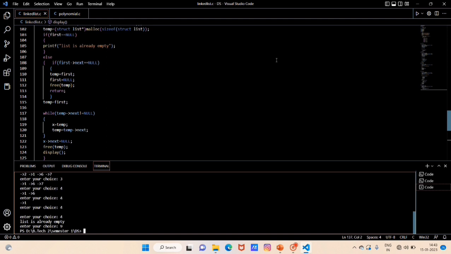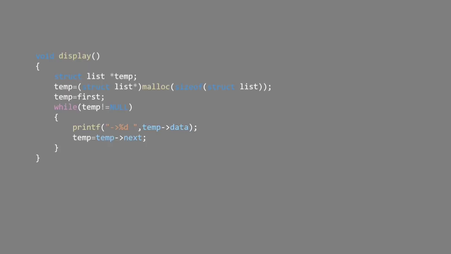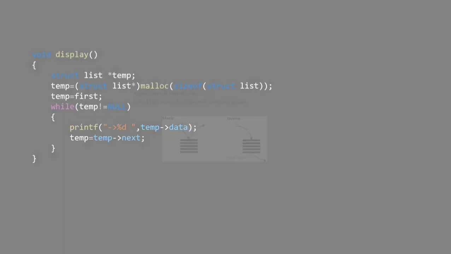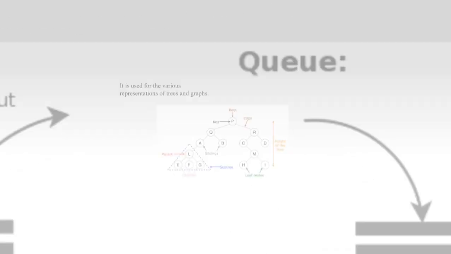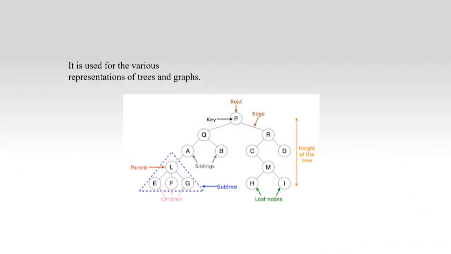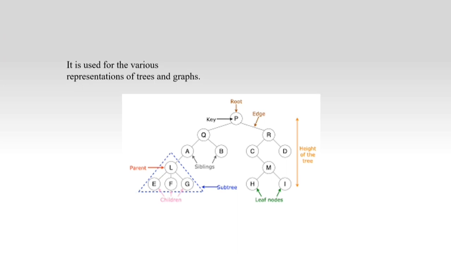Now we will go through the further concept. Applications of linked list in data structures. Linked lists are used to implement stacks and queues. It is used for various representations of trees and graphs. These stacks, queues, trees, and graphs are important advanced data structures.